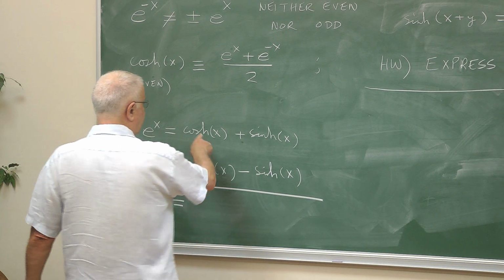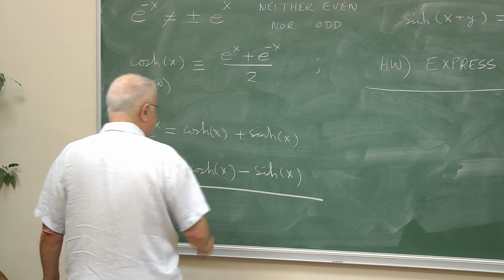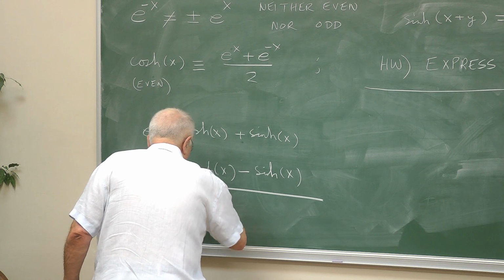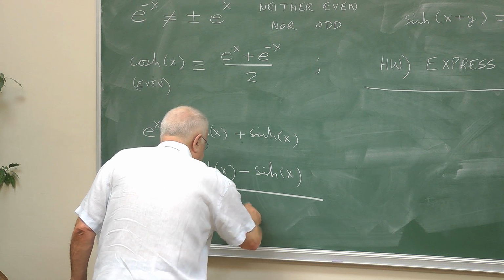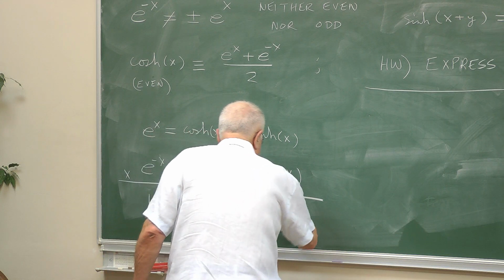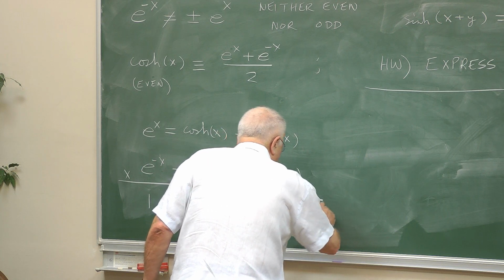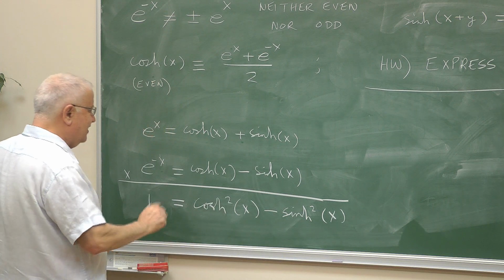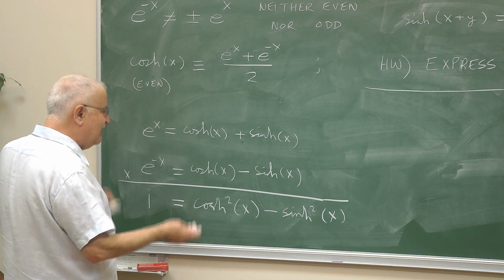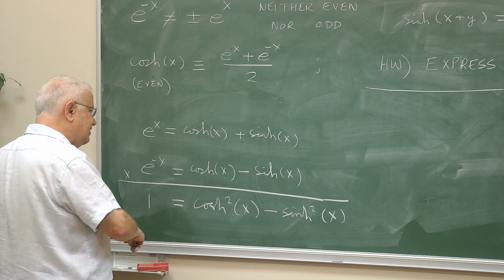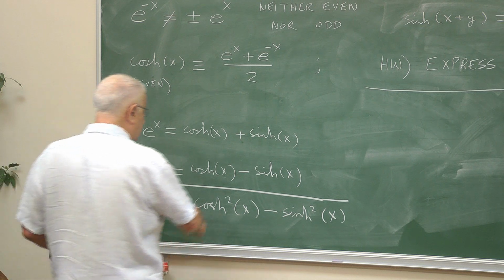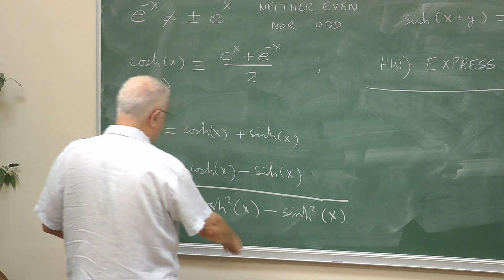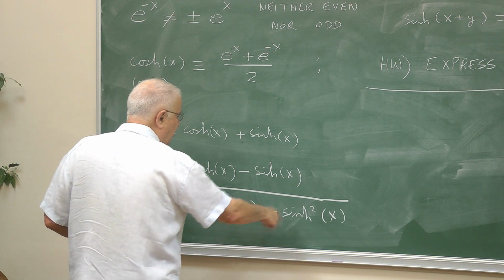Here, a sum times a difference is, of course, cosh square x minus sinh square x. So again, as you see, this is very much like the trigonometric identity, but there it was cosine square plus sine square. Now it is cosh square minus sinh square.